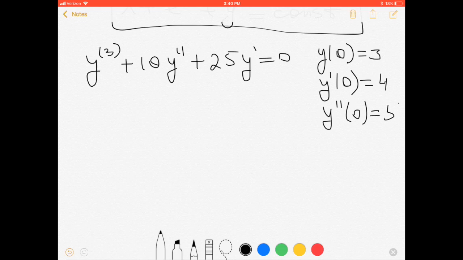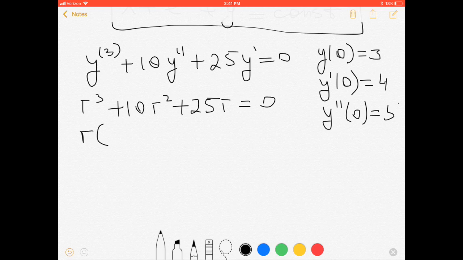Okay, great. First we write the characteristic equation. As you remember, we find the solution of our homogeneous equation as an exponential function, and here we have r cubed plus 10r squared plus 25r equals 0.